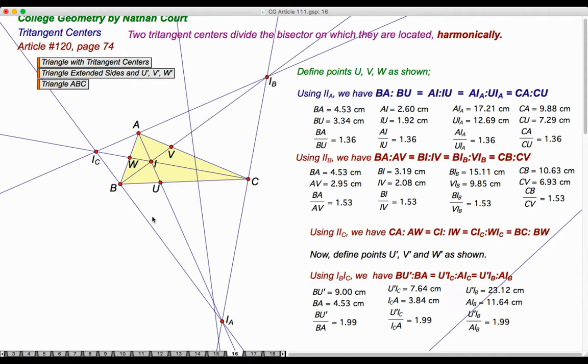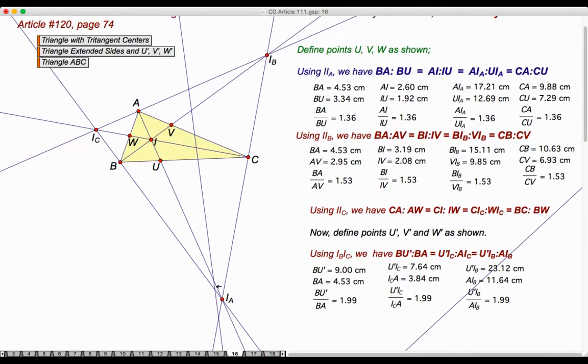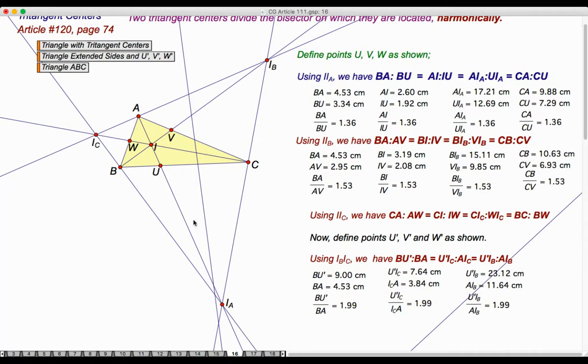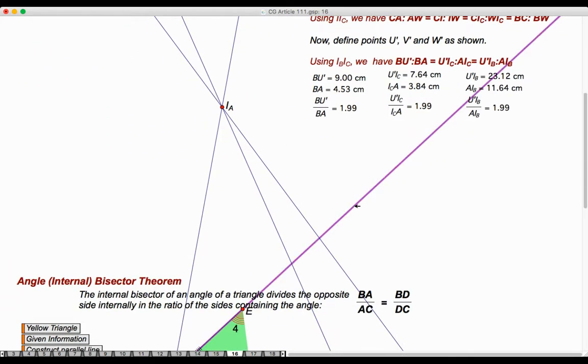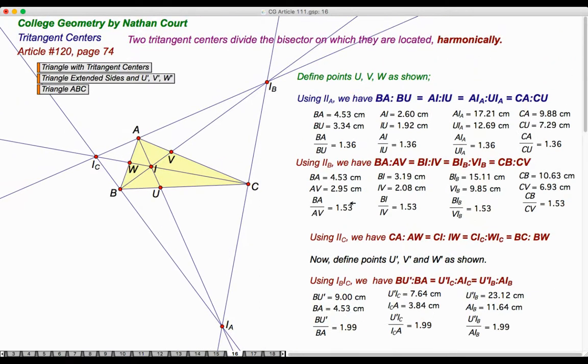Since this is an angle bisector, it's the same thing as A I sub A times U I sub A. Okay, and that's what it is.